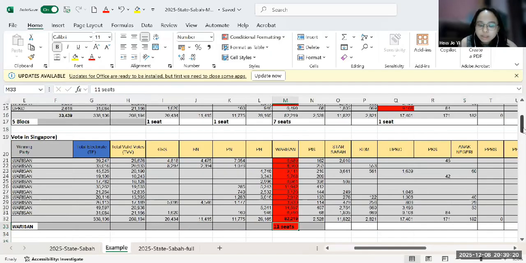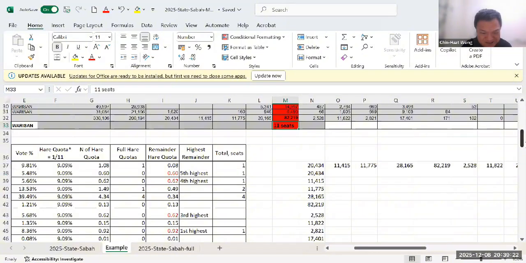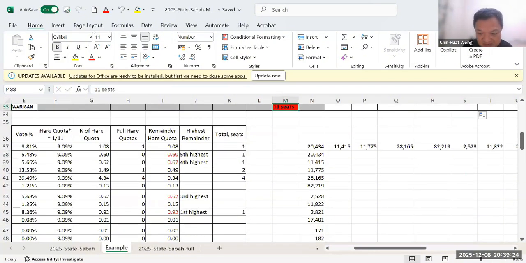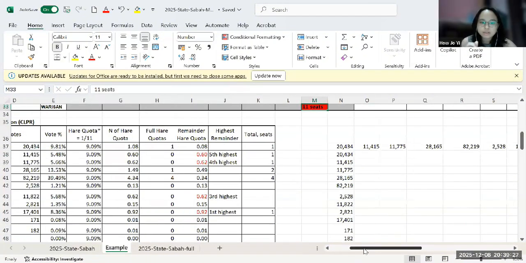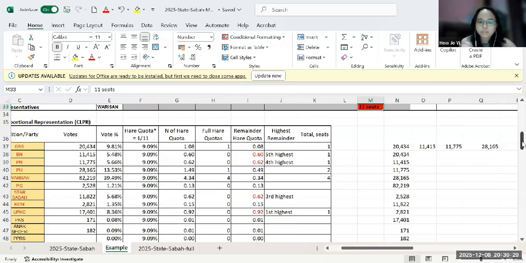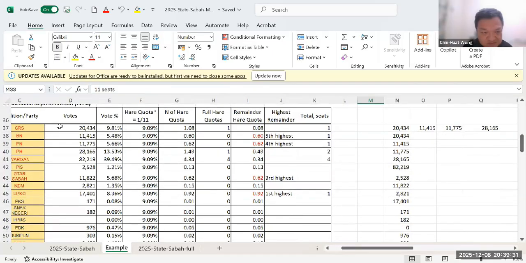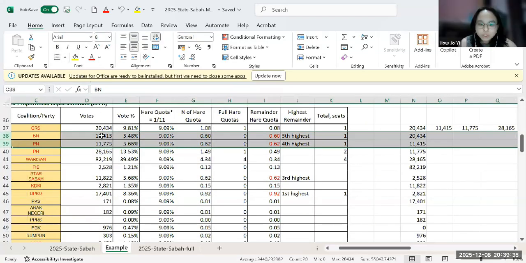Yes, it's clear. Then for the total, the remainder, you chose 5, right? So let's just say in this case there are 2 remainders of 0.62. How do you know which one to choose? Look back at the third highest and the fourth highest. So I get what you mean.